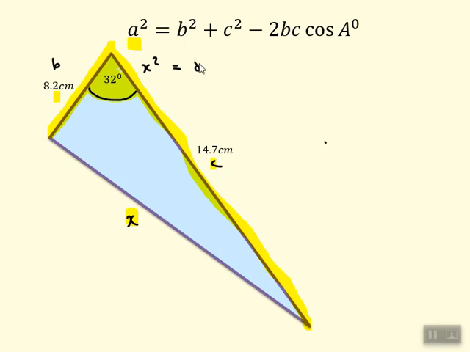So let's put it in: 8.2 squared plus 14.7 squared, take away, and this is the tricky bit, 2 times 8.2 times 14.7 times cos 32 in a bracket like that.